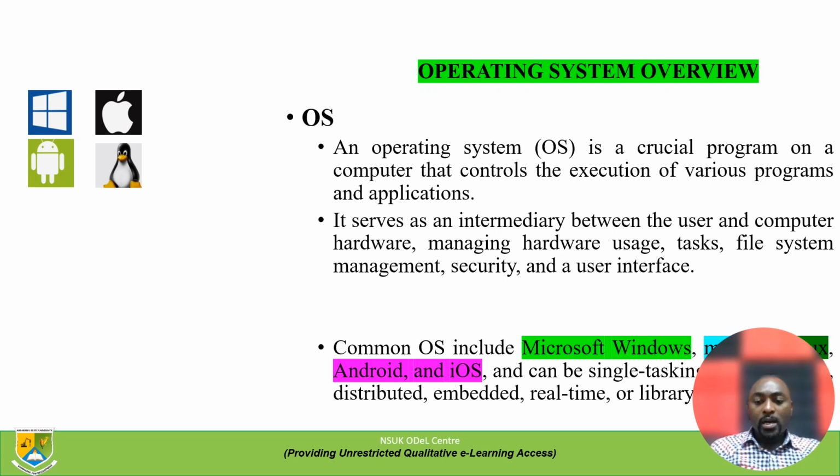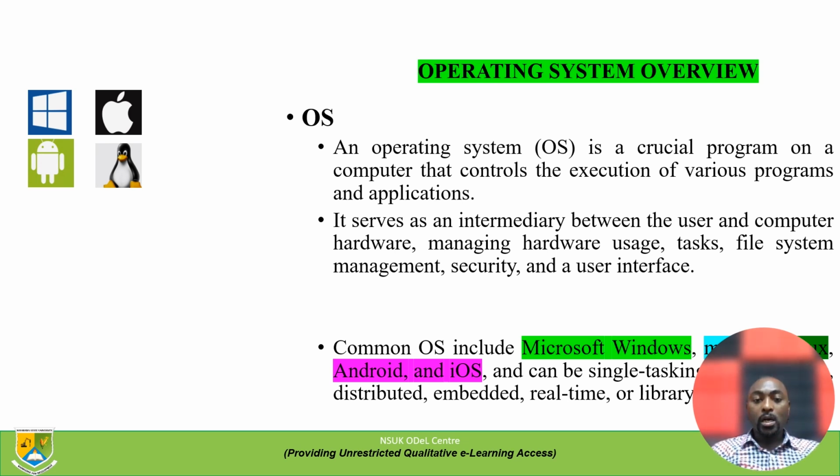Operating system overview. So an operating system, OS, is a crucial program in a computer that controls the execution of various programs and applications. It is a system software that serves as an intermediary between the user and computer hardware, thereby managing hardware usage, tasks, file system management, security, and user interface.